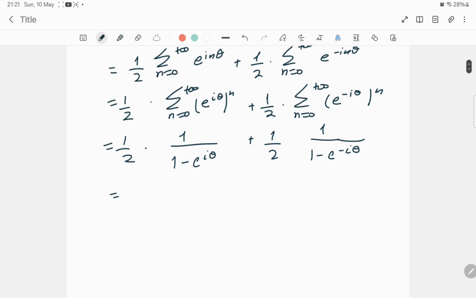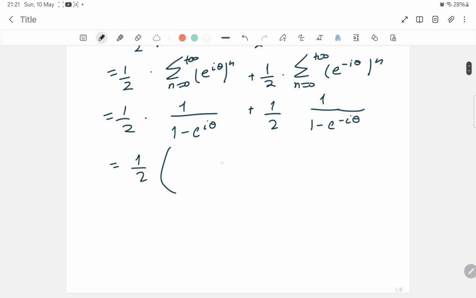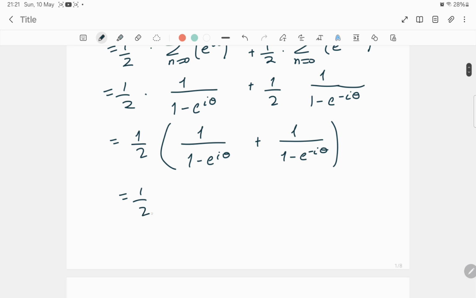I can take a half to be a common factor, and I have 1 over 1 minus e to the power of i theta plus 1 over 1 minus e to the power of minus i theta. Now the next step is to have a common denominator.